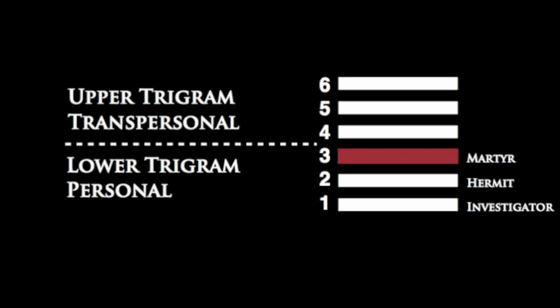But moving from the third line to the fourth line, now we are in the upper trigram, which is more transpersonal, better dealing with other people, even though the fourth line is still hugging, you could say, a lot of that lower trigram stuff of being personal. And it's an interesting sort of paradox with the fourth line.